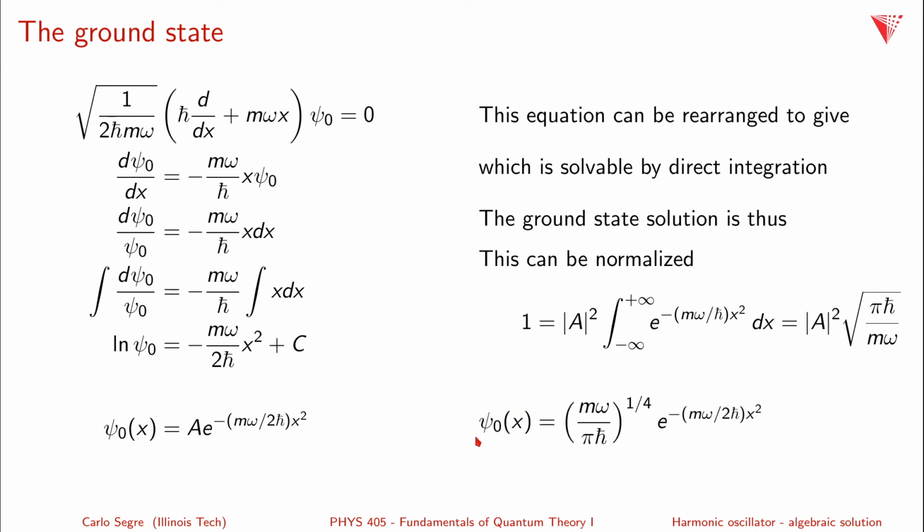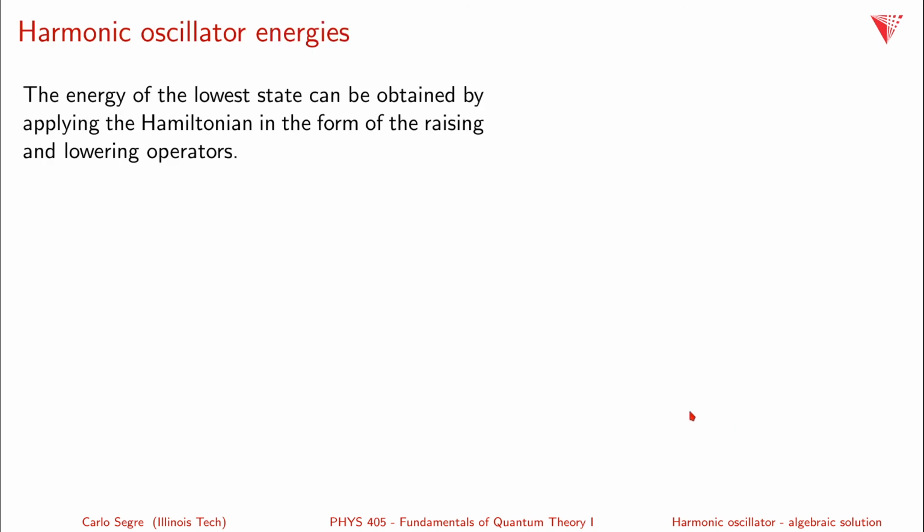So my solution for the ground state is psi 0 of x equals m omega over pi h bar to the 1/4 power, because I have to take the square root of this to get A, times e to the minus m omega over 2 h bar x squared.